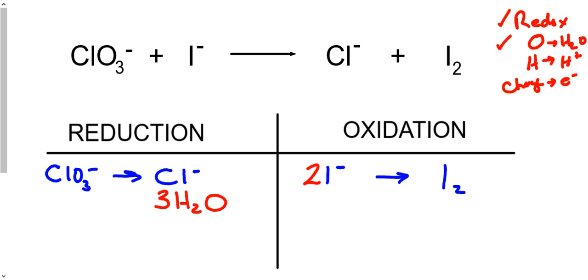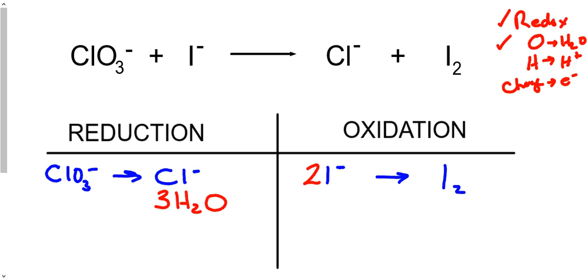Step 3. Let's balance the hydrogens by using protons. Remember, I told you this is going to be an acid, so there's going to be lots of free protons available. Again, in this particular reaction, there are no hydrogens to balance on the oxidation half. Quite often there are, but there aren't in this case.